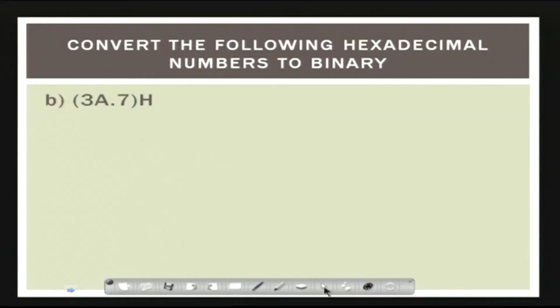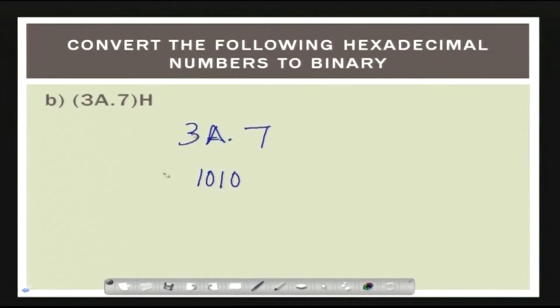Next, we will take another number, 3A.7. The same way, we will write this in the usual binary form. A represents 10, and A can be written as 1010. It is in binary form now, and it also has 4 bits, so it represents a hexadecimal digit, no problem.